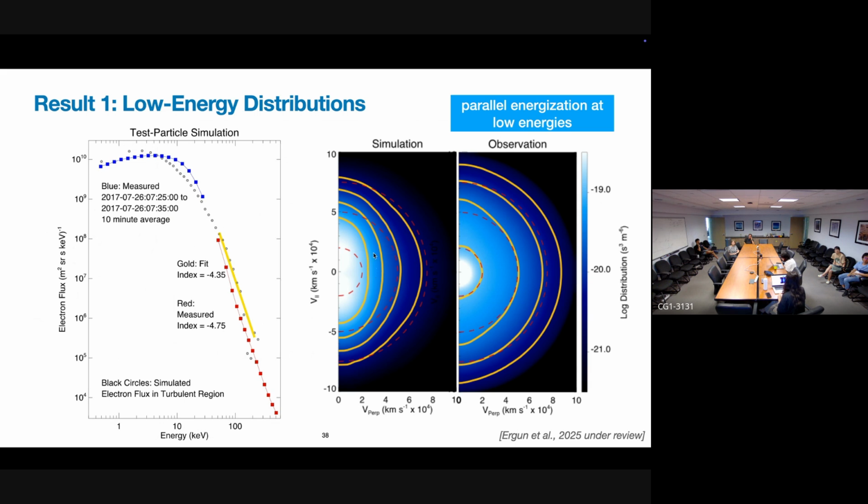It's in this part of the particle distribution. And we're looking at a 2D cut for the distribution function, perpendicular and parallel. The very interesting feature here is that in both simulation and observation, we can see the particles are energized in the parallel direction. You can see it's no longer a circle, but elongated in the y direction, showing that lower energy particles are experiencing energization mechanisms that favor the parallel direction.